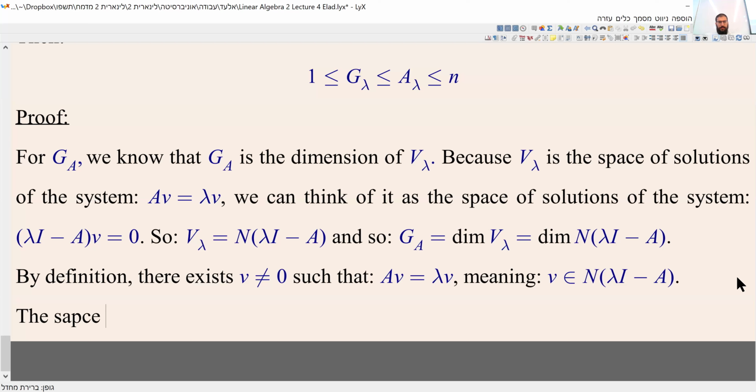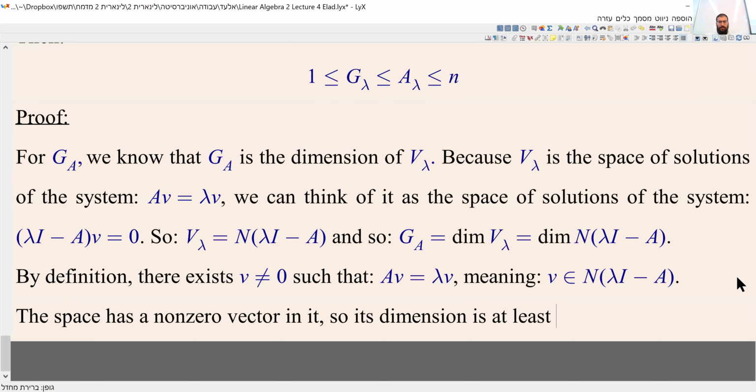The space has a non-zero vector in it, so its dimension is at least 1.